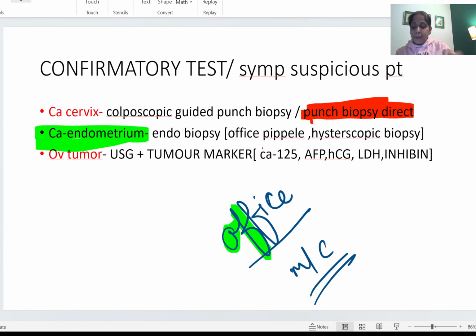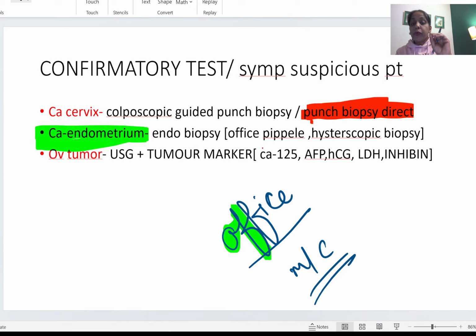So we have to call the patient next time. In India, patients are not aware. It can be that the patient doesn't come the next morning, so we can lose the patient. That is why office biopsy is done. For this, no anesthesia is required. The biopsy instrument is just like our pen refill.